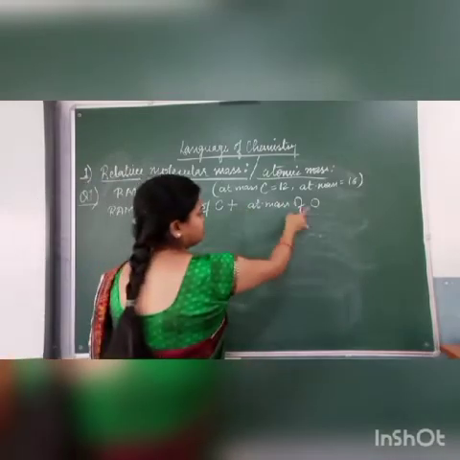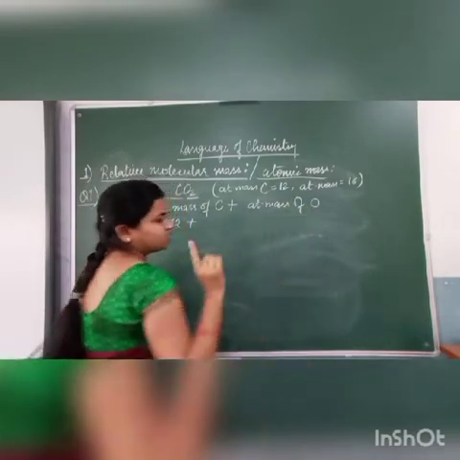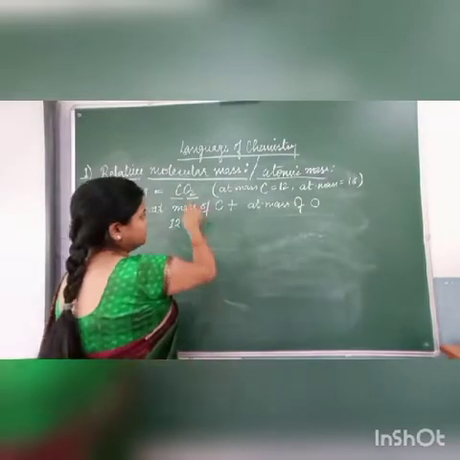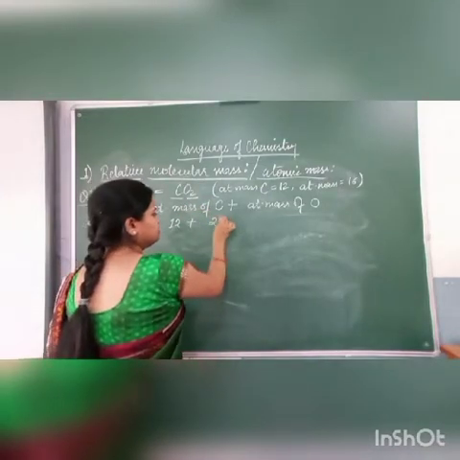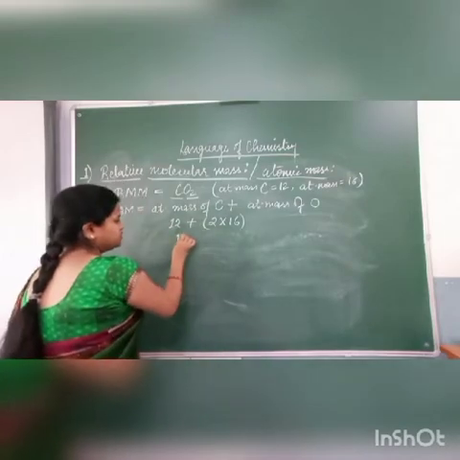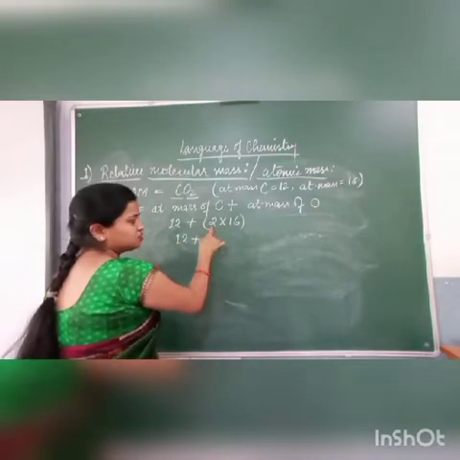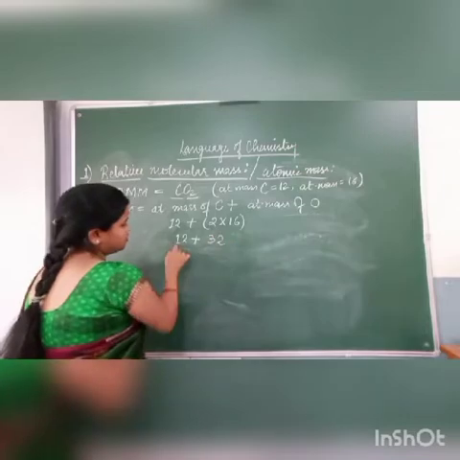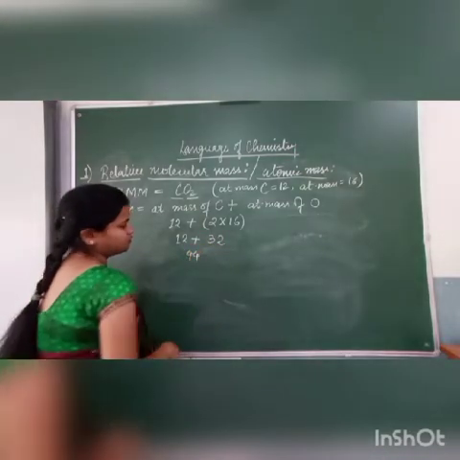Now atomic mass of oxygen, one oxygen atom represents 16. Here 2 is given, it means 2 into 16. Clear? Now 12 plus 16 twos are 32. Now again when you add, it will become 44.